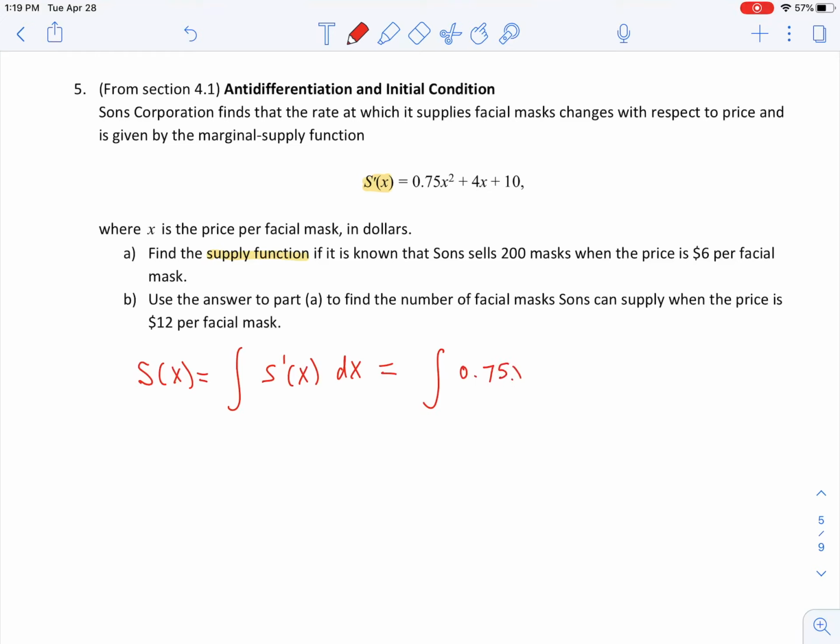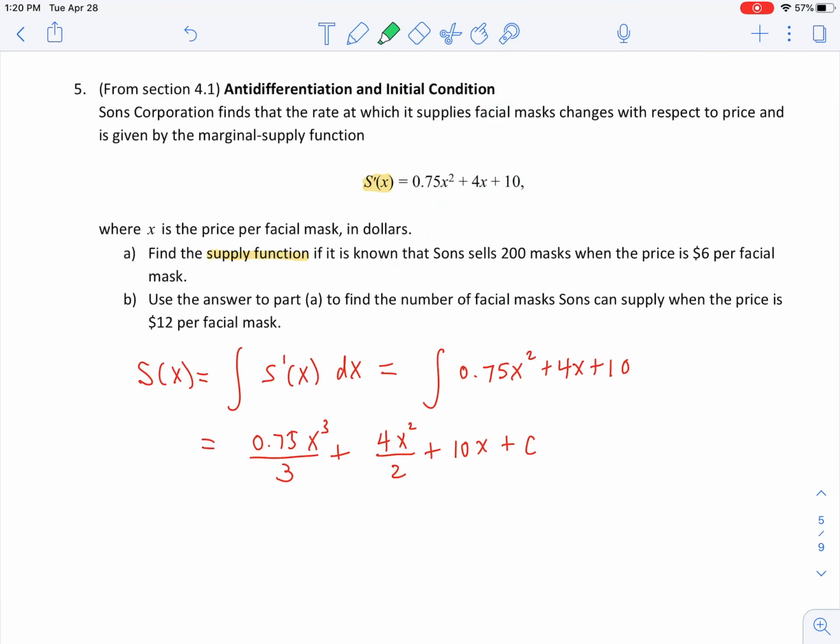So that's going to be the integral of 0.75x squared plus 4x plus 10. That equals 0.75x to the third power divided by 3, plus 4x squared divided by 2, plus 10x plus C, right?